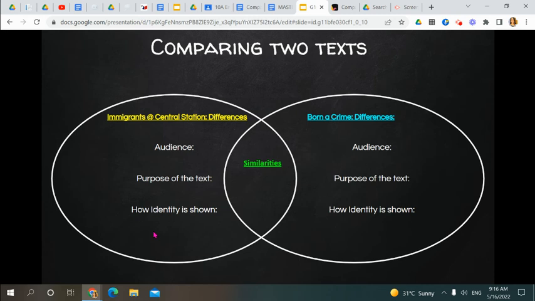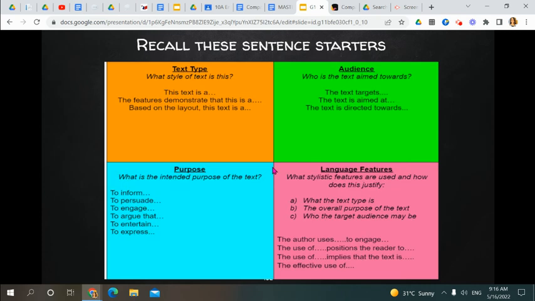So let's say, for example, that I chose Immigrants at Central Station and Border Crime. What you should have already done is note down the differences between the audience, purpose of the text, and identity, and then note whether there are any similarities for each of these points. I won't spend too long on that.